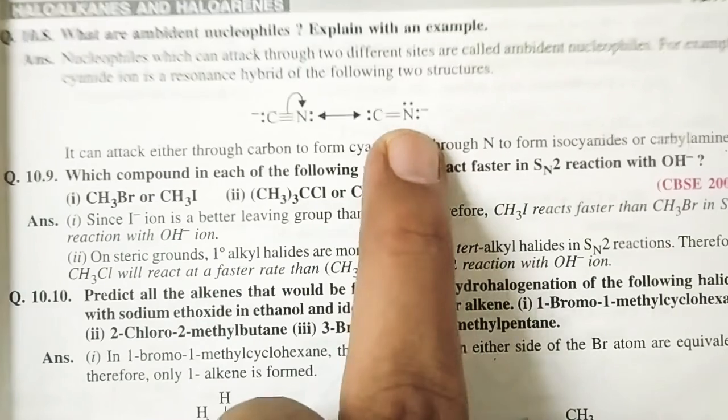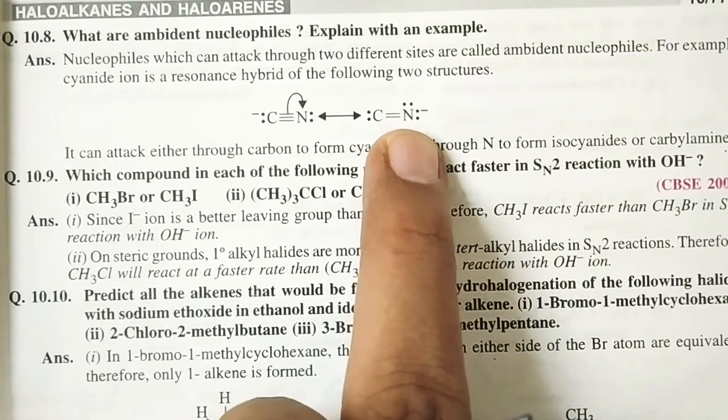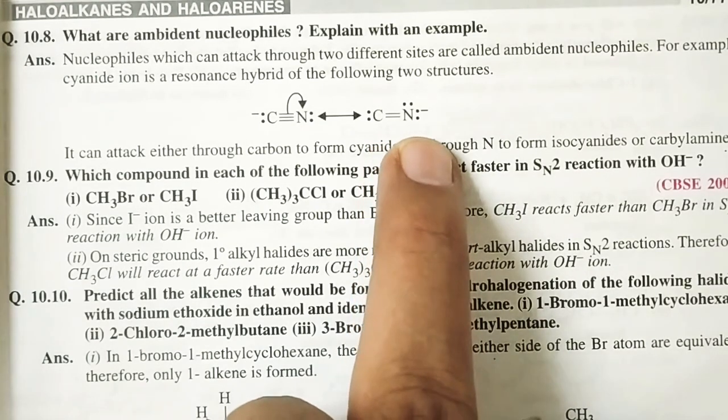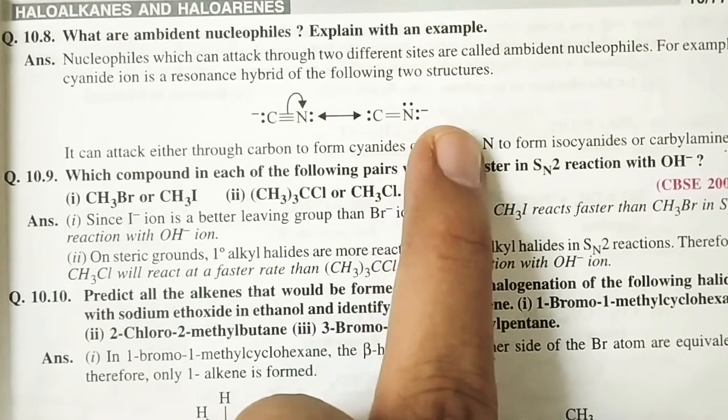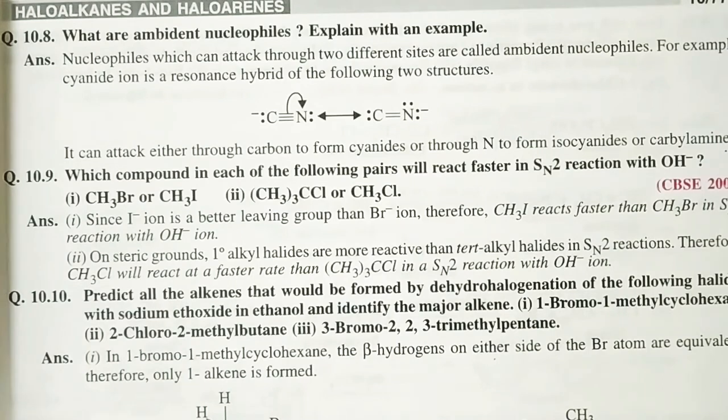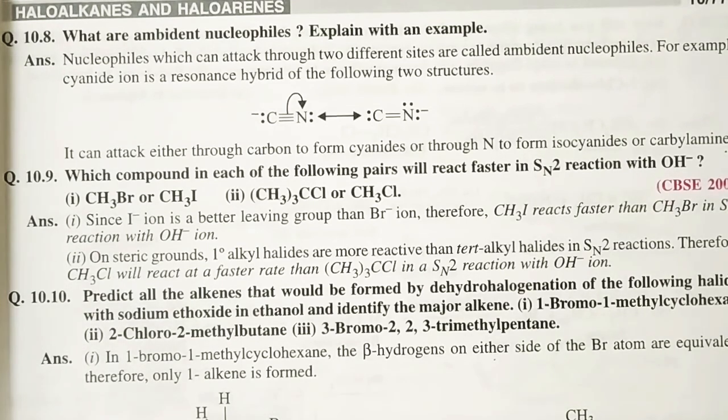But if it attacks from nitrogen, because nitrogen has a minus charge as well as a lone pair, it attacks the partially positive carbon and forms an isocyanide. So it can attack either through carbon to form a cyanide, or through nitrogen to form an isocyanide or carbylamine. That we have to discuss, right?